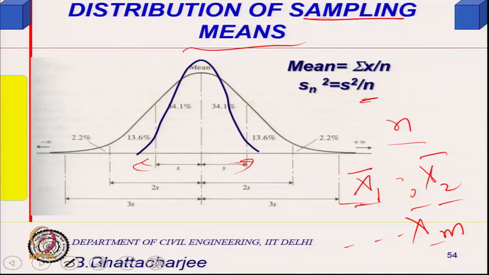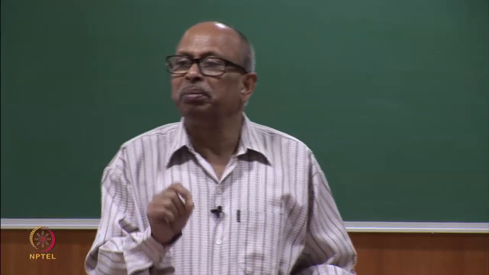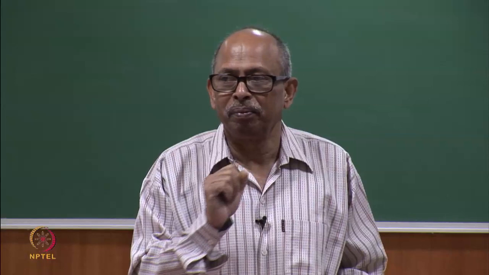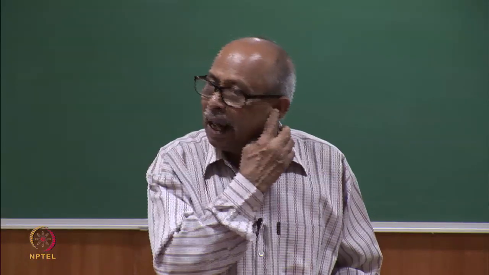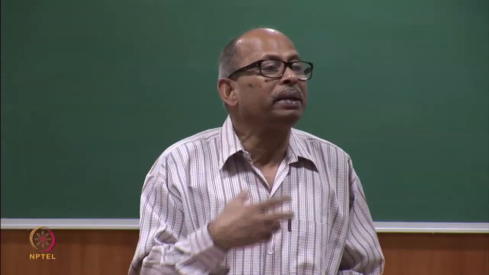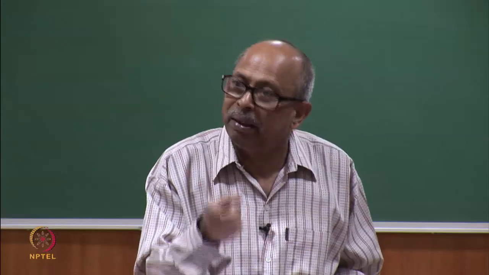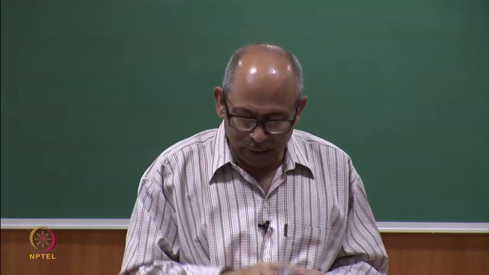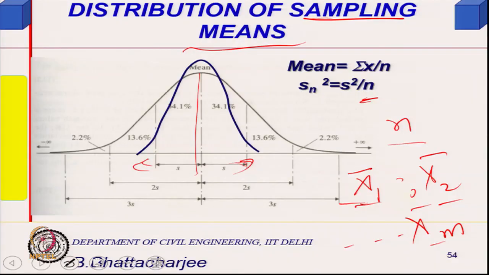This concept is used because that is why you do not test one sample. For any test you are doing, either in lab or in situ, you will test a number of them and find out their mean, and that mean is supposed to represent the true mean, the true value, which is the mean of the population, as we call it, a large number of values.